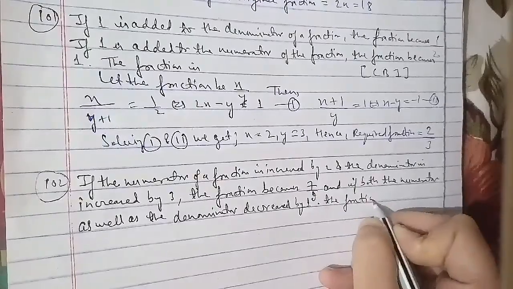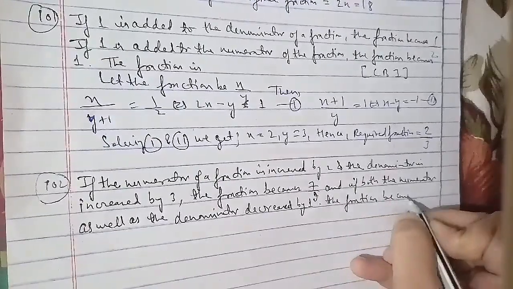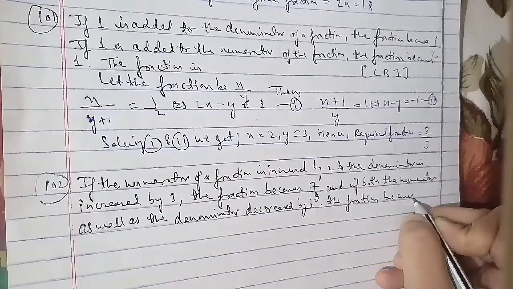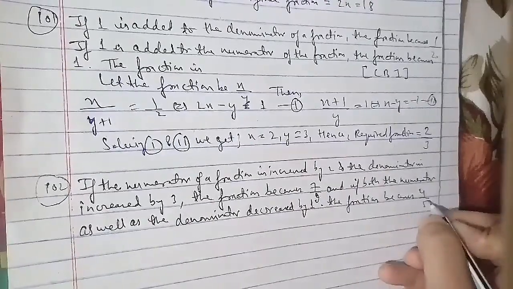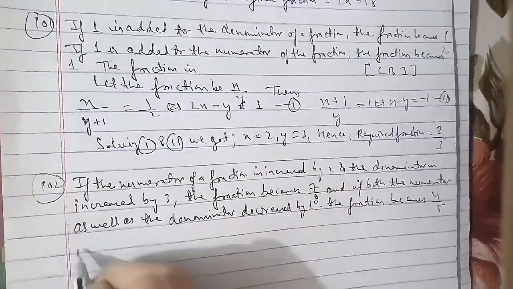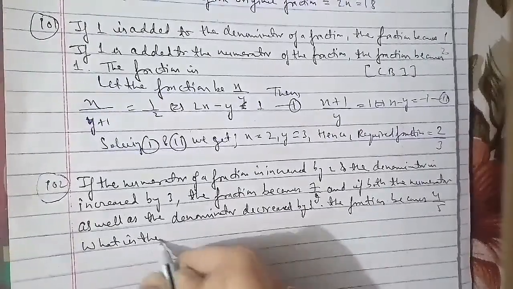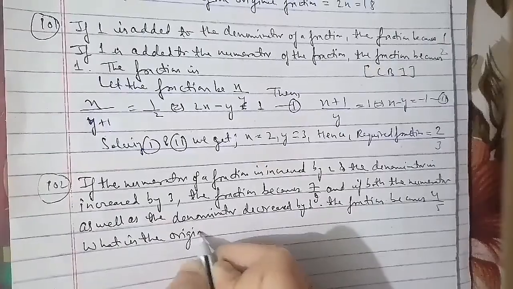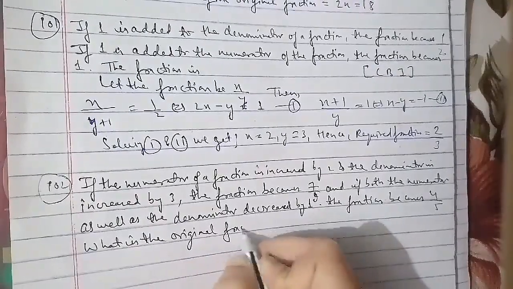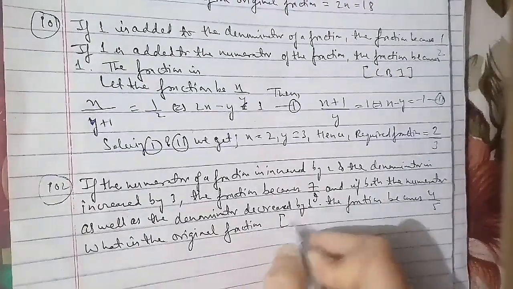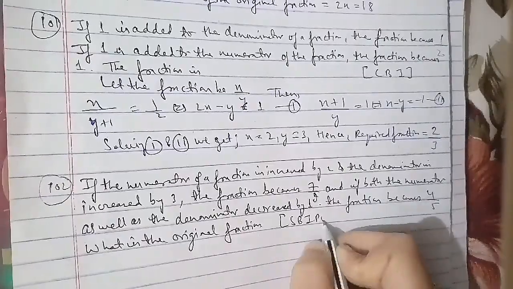What is the original fraction? This has been asked in your SBI PO question paper. Options we have 5 by 6, 9 by 11, 13 by 16, 17 by 21. So we'll go ahead for the solution for the same here.